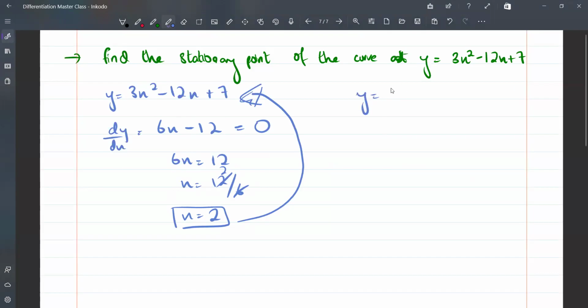So y is 3 times 2 square minus 12 times 2 plus 7. So y is 12 minus 24 plus 7.